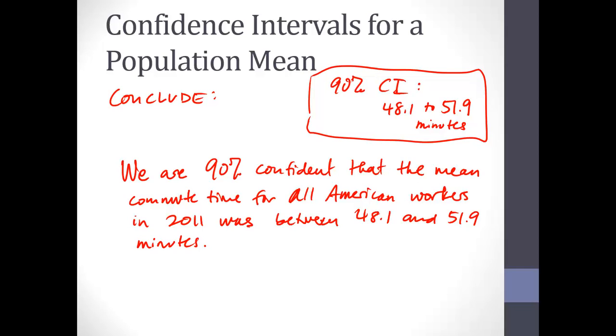So again, the way we would interpret that confidence interval is that we are 90% confident that the mean commute time for all American workers in 2011, that's what we're trying to say something about, is between 48.1 and 51.9 minutes.